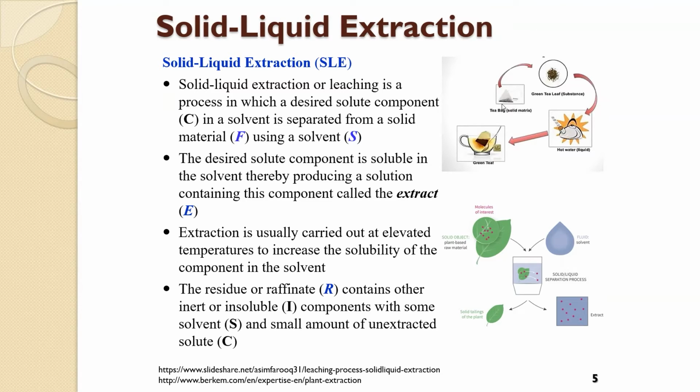That's an example of a tea bag, where the desired component is in a solid matrix. What happens is that the green tea leaf is a substance, and sometimes you put the tea bag in the pot, or sometimes you just put that in the cup and then you add water.